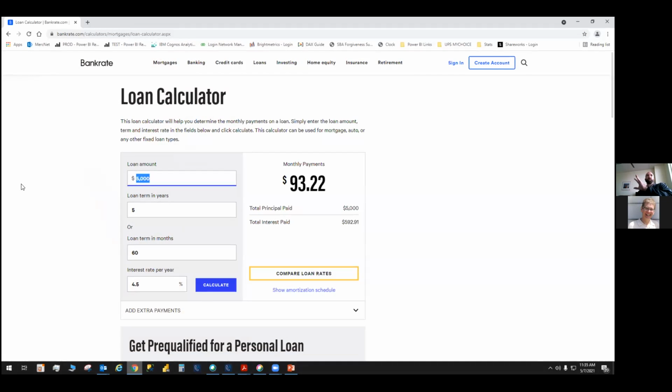So what I'm gonna do really quick, we're going to come back to this a couple times, is show this web page. This is a website called bankrate.com, and bankrate.com is an informational website. You can find information on loans, on what different loan terminology means, investing. You can learn about credit cards.